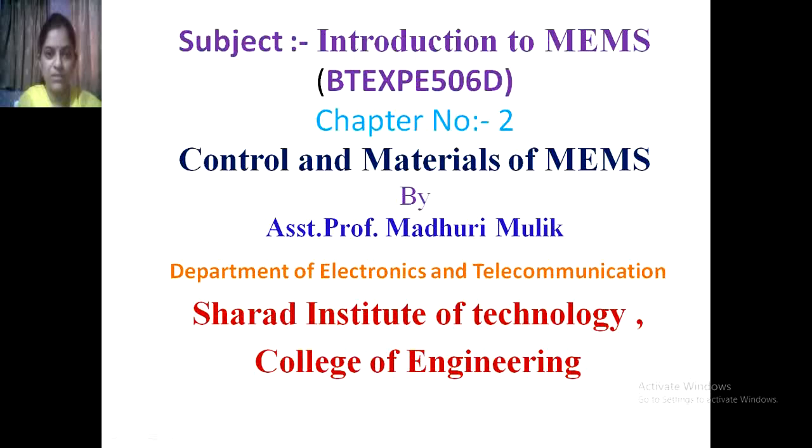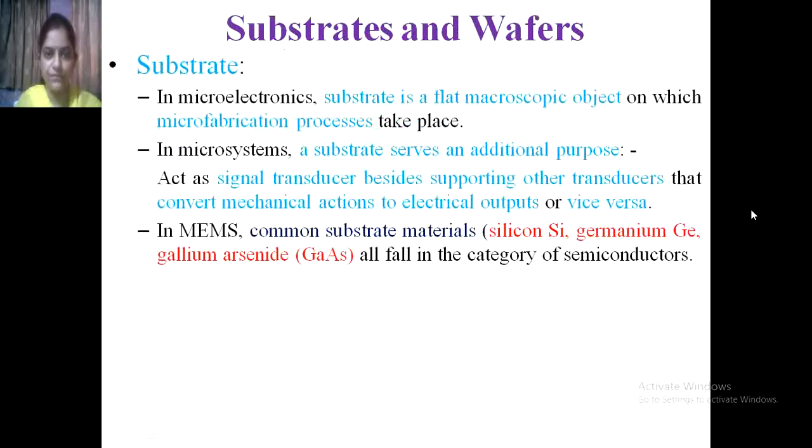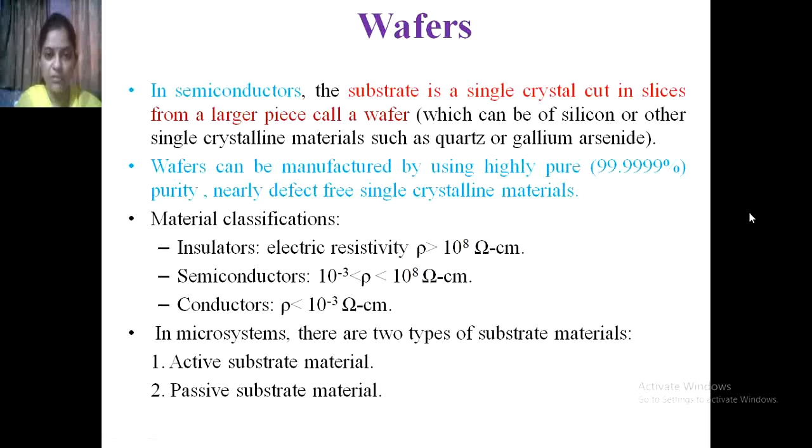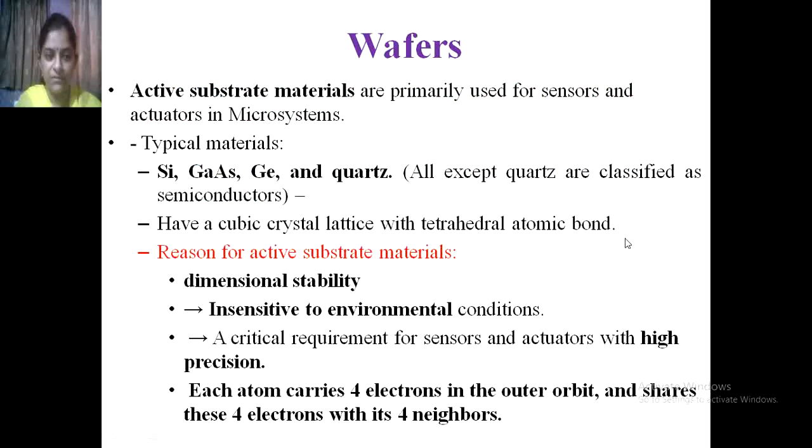So in our subject Introduction to MEMS, in the last session we started the control and materials of MEMS. From that chapter we have seen substrate and wafers, why the substrate is used, what is meant by wafers, then active substrate materials: silicon, gallium arsenide, germanium and quartz.